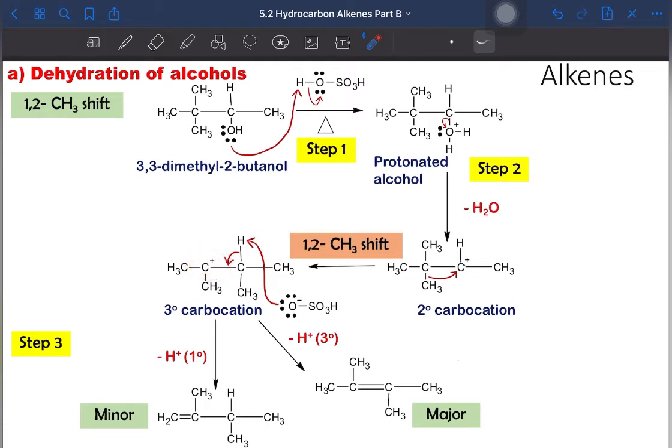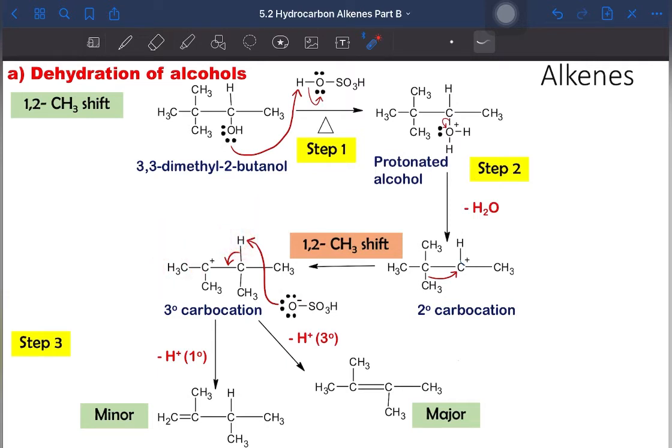Now we want to form the alkene, so we need to eliminate a hydrogen from the neighboring carbon. We can either remove the hydrogen from this carbon, or remove this hydrogen from this other carbon, to form a double bond. This hydrogen is actually the tertiary hydrogen, and this hydrogen is actually the primary hydrogen.